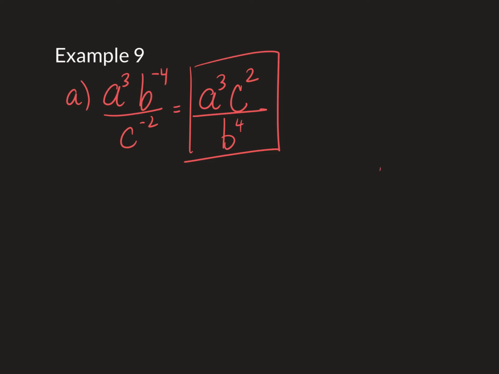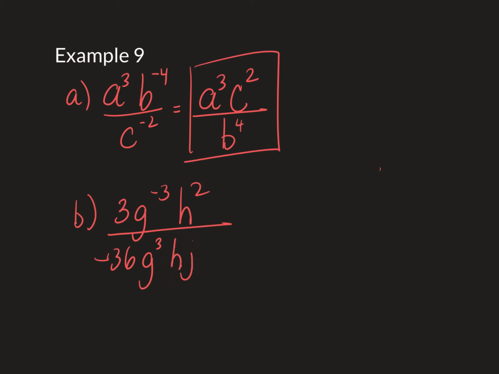For the next one, letter B, I have 3 g to the negative 3 times h to the 2nd divided by negative 36, g to the 3rd, h, j to the negative 4.